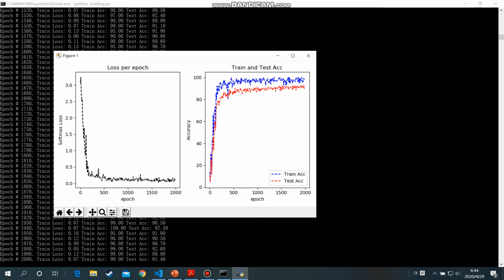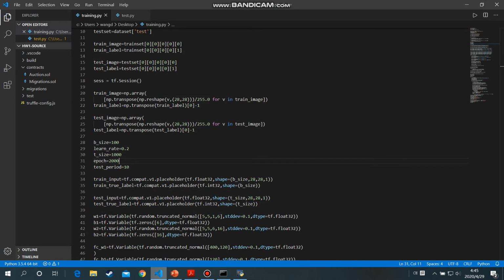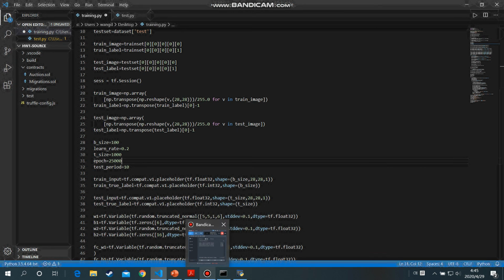It is obvious that there is further space for improvement if we increase the dataset to 25,000, but due to the limitation of time, I can't show it here.